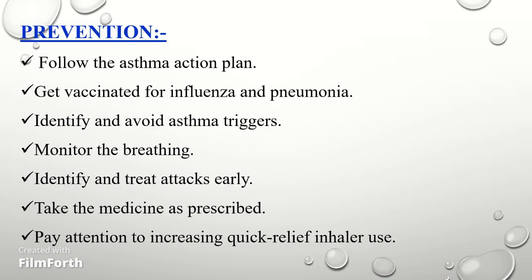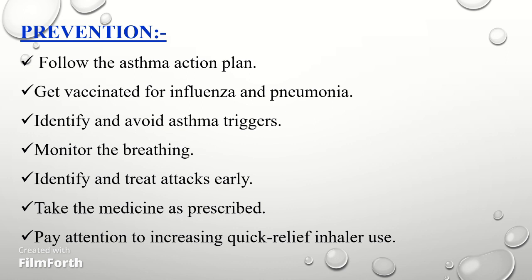Now let's see the prevention of bronchial asthma. First, follow the asthma plan or action plan, then get vaccinated for influenza and pneumonia, then identify and avoid asthma triggers, then monitor the breathing, and identify and treat an asthma attack early.